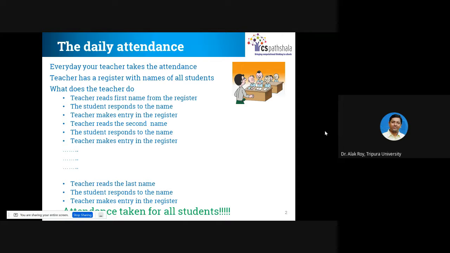Next, the teacher reads the second name, the second student responds, and the teacher makes an entry in the register. The process will continue until the last student in the class, and this way attendance is taken for all students.